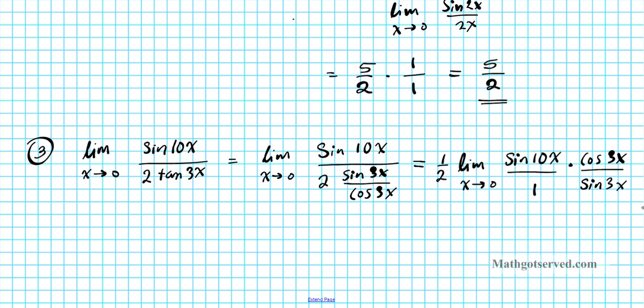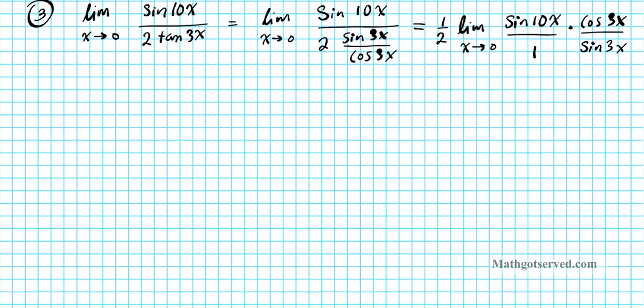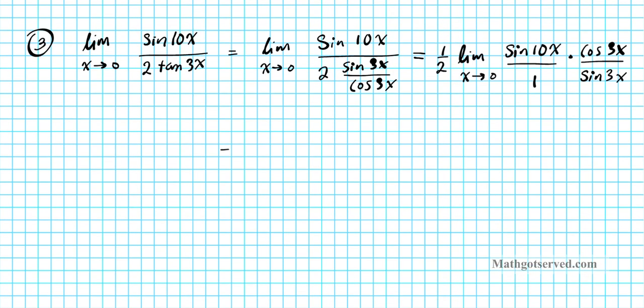Now, what we can do next, I'll write it in a way that will be easy for you to tell the answer just by inspection. It's going to be the limit as x approaches 0 of sine 10x over sine 3x, times cosine 3x.